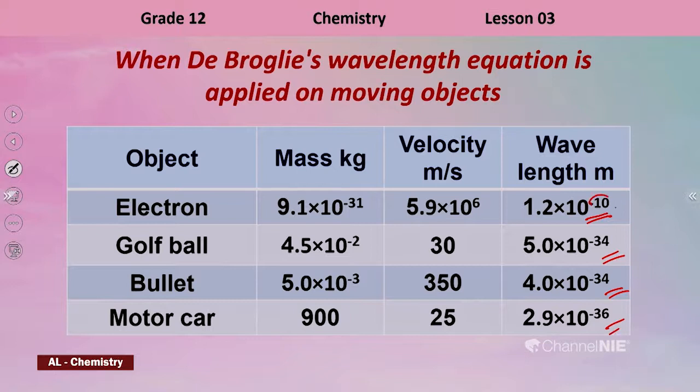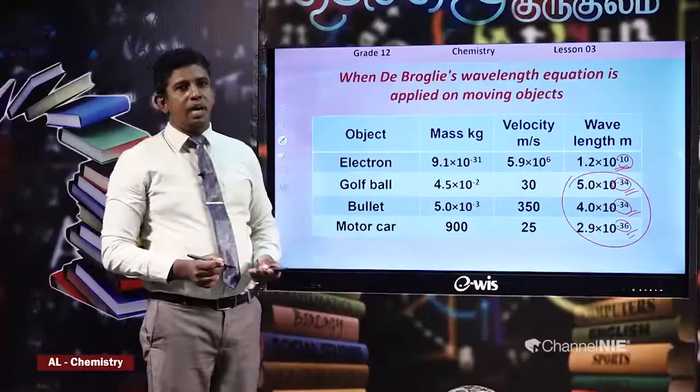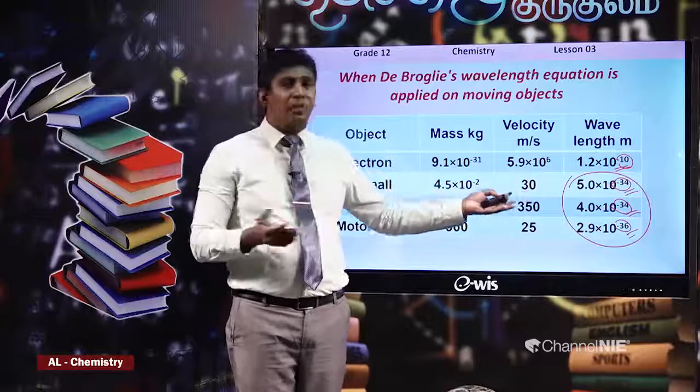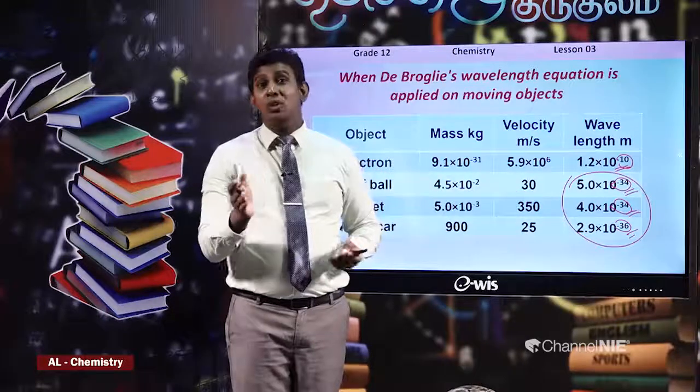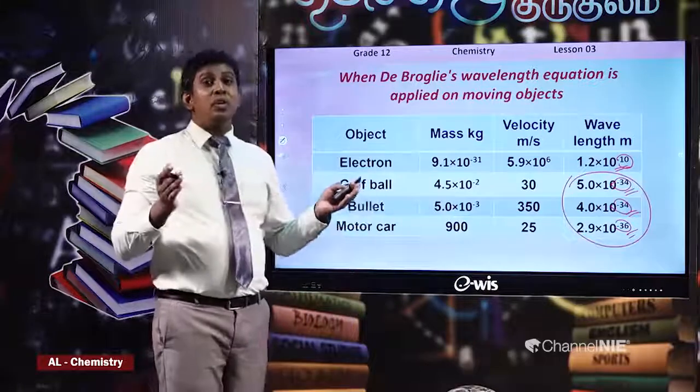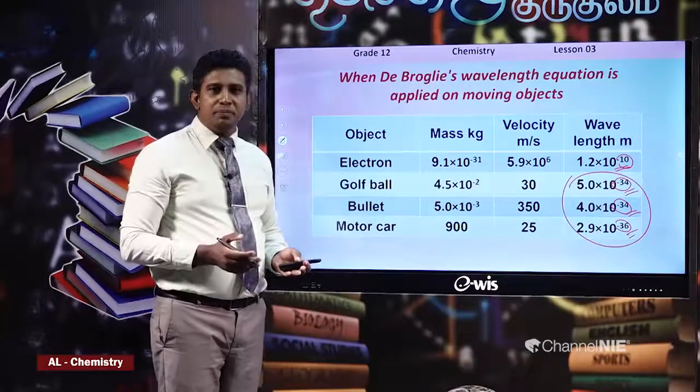Look at these magnitudes. So these are not actually realistic values. Though we get values standing for their wavelengths, we can't truly call them waves. They are not truly waves. Okay.